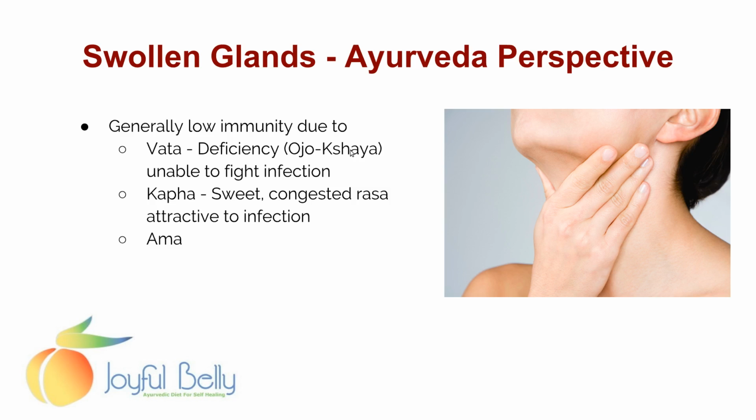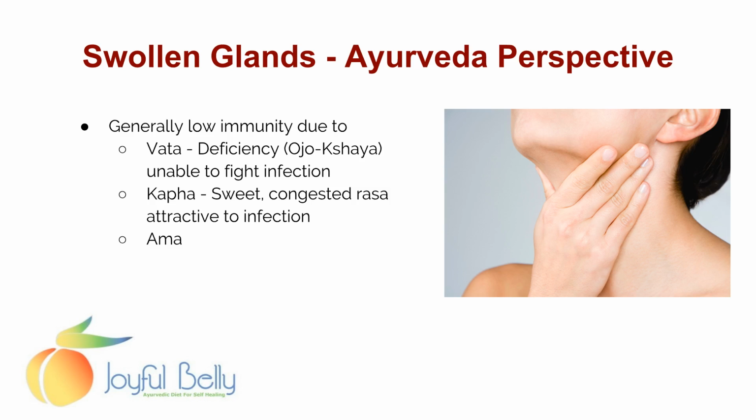So swollen glands come as a combination of things. It could be that a person has low immunity and gets an infection because they're too deficient to fight off disease. You know, if you're staying up late at night, skipping meals, and generally have a Vata constitution, your immune system is going to be too exhausted to fight the infection, and then you'll get an infection. Kapha people, their lymphatic system is so sweet, their blood is so sweet that it's very attractive to infection.